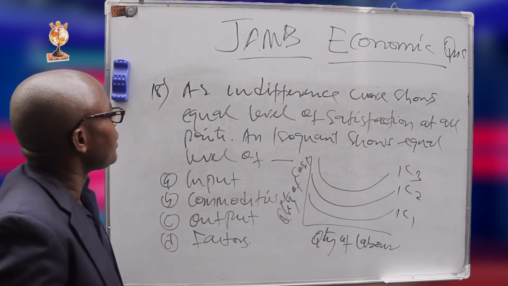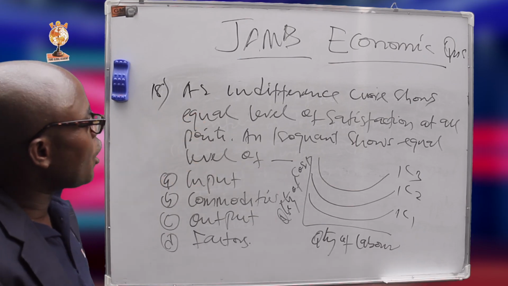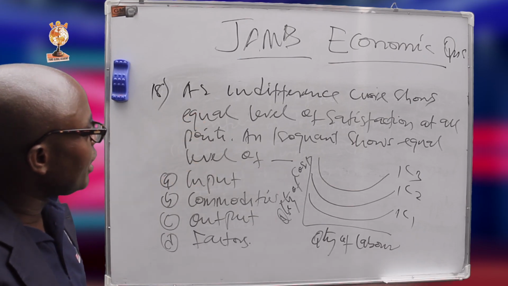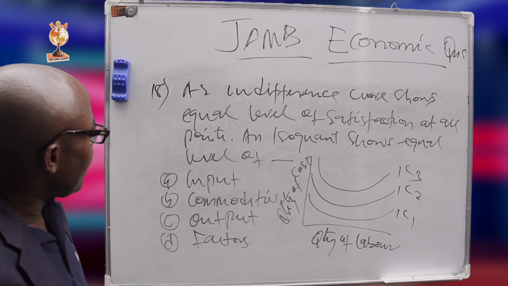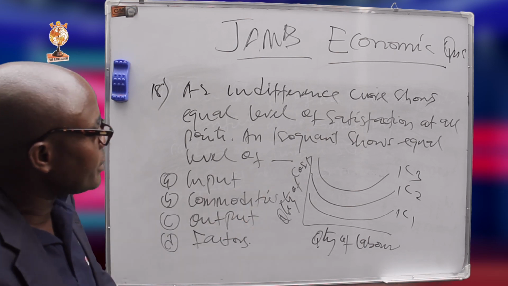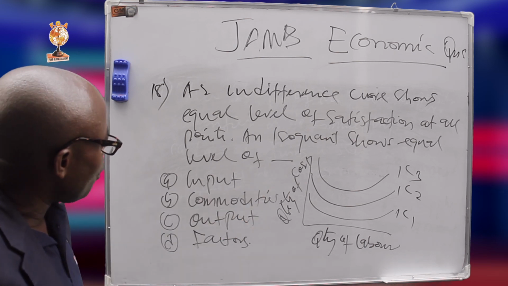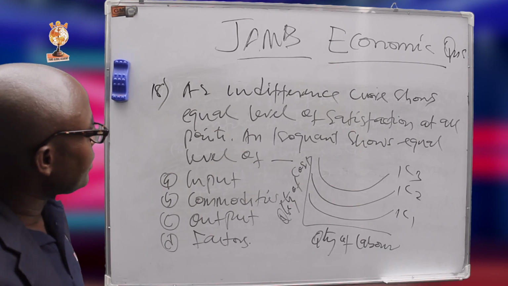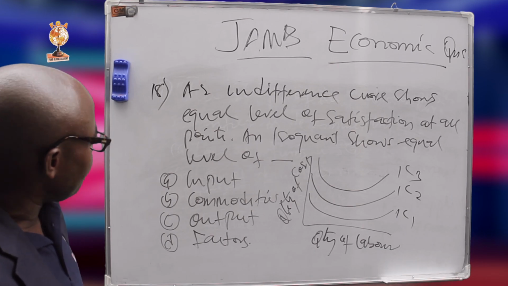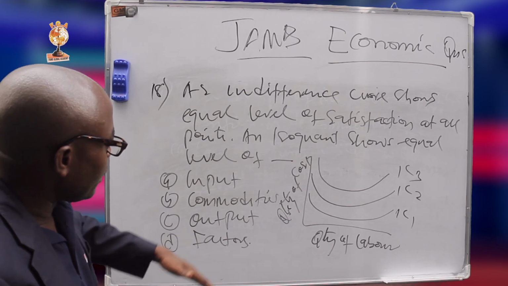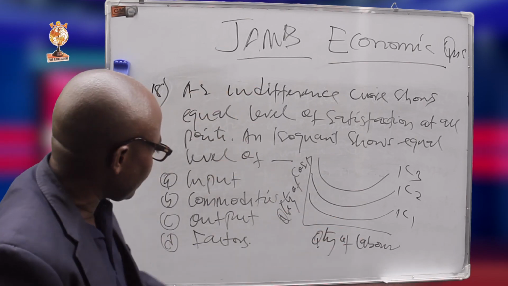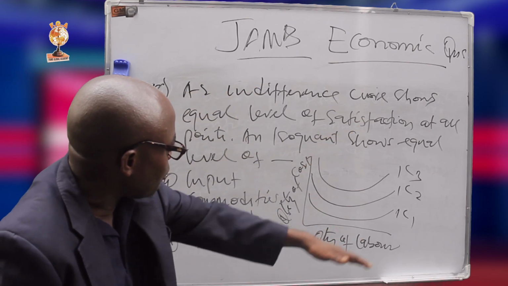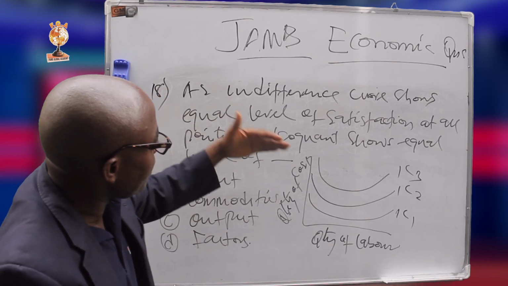We have an indifference curve shows equal level of satisfaction at all points, and isoquant shows equal level of dash. Now here is demand and supply, input and output. Here we're looking for the relevant answer.